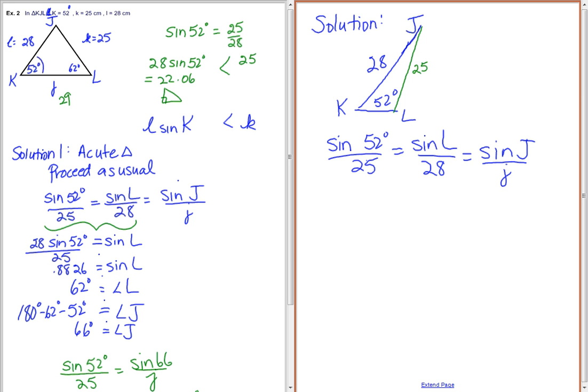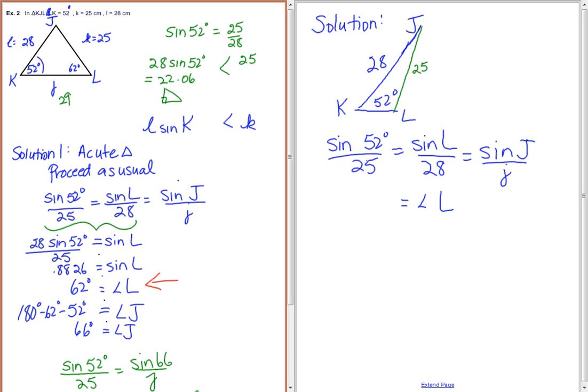I want to solve for L. Here we go. Angle L. Now I know what my calculator is going to give me. I already saw what my calculator was going to give me at the last slide. It gives me 62 degrees.